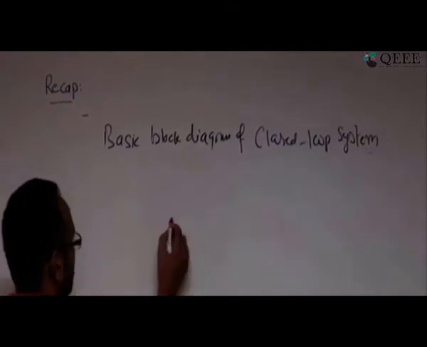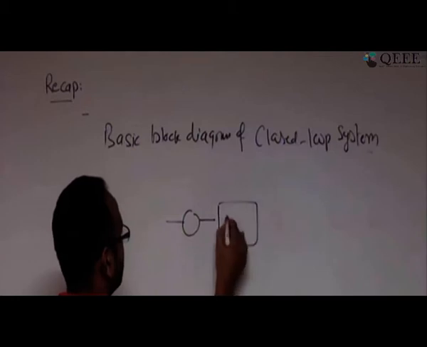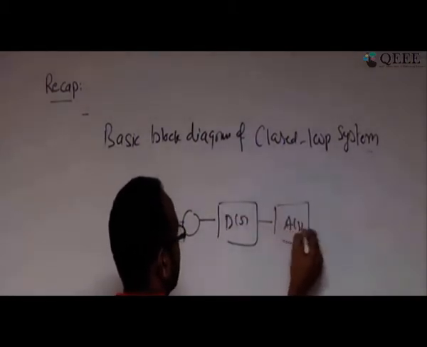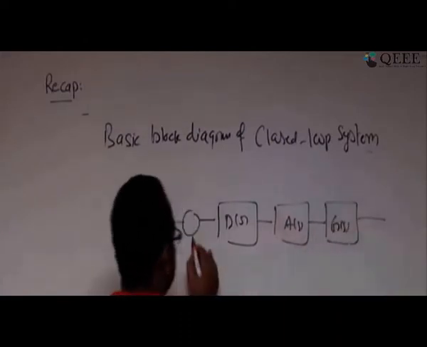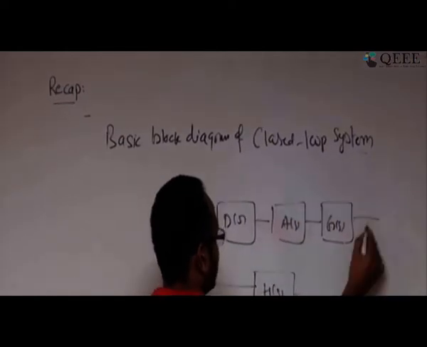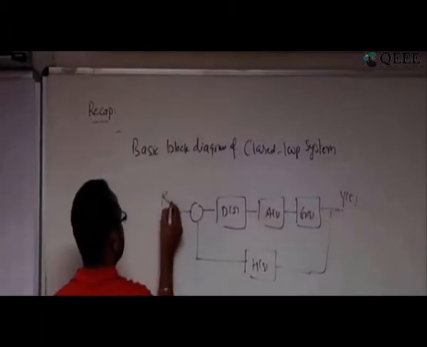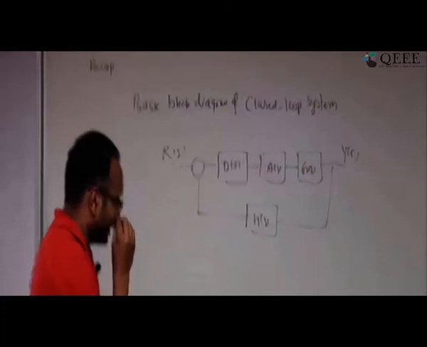For that I talked about it: any control system will have a controller D of S, then an actuator, and there is a plant, and there is a feedback element, and there is an output, and this is an input. This is a typical block diagram for any control system.